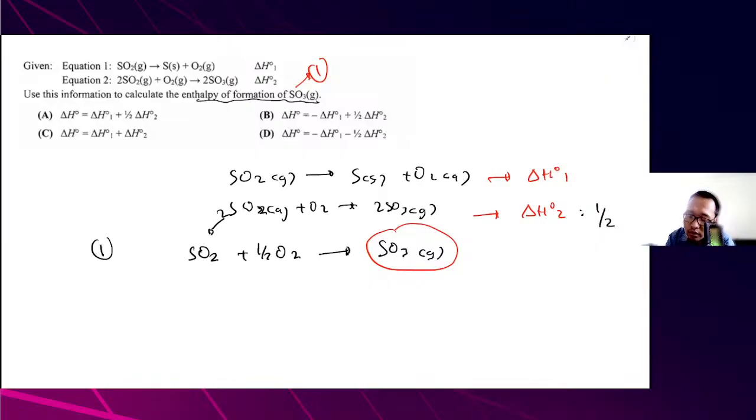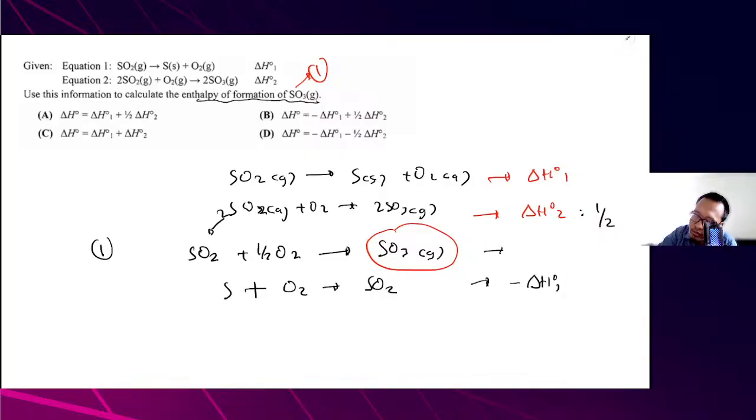Now we need to cancel out the reactant. Probably the simple way is just to reverse the other one: S as solid plus O2 giving SO2, which gives us minus delta H1.